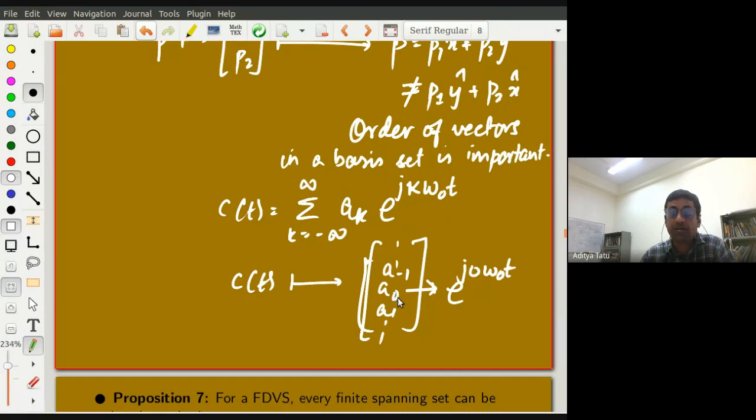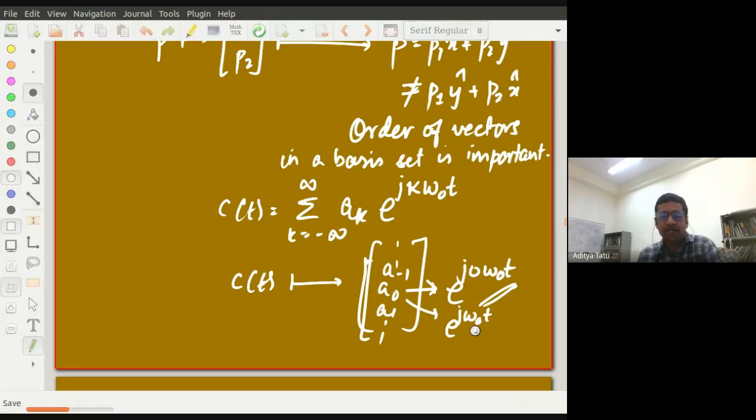And how do you know that complex number is associated with this complex valued function and not with e raised to j omega 0 t? You know that because these functions are also put in a specific order.